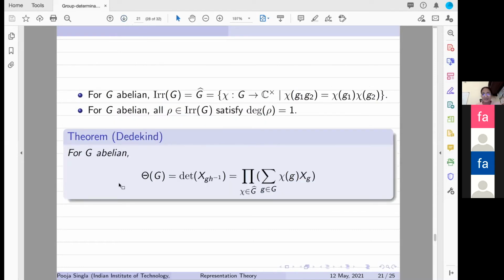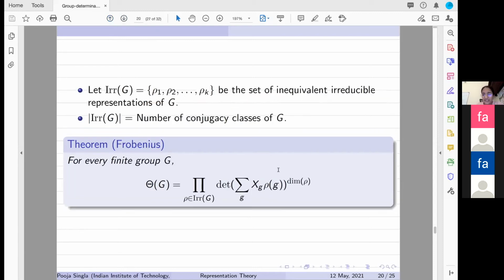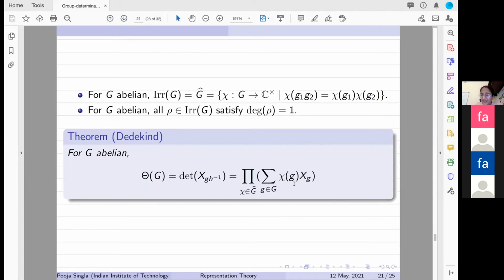So just comparing this result with what Dedekind proved, for G abelian, the set of irreducible representations is nothing but the set of characters of G. In that case, because these are characters, they are one dimensional, so these are scalars. So I can really write scalars on this side. This is chi(g), and I call these chi's.